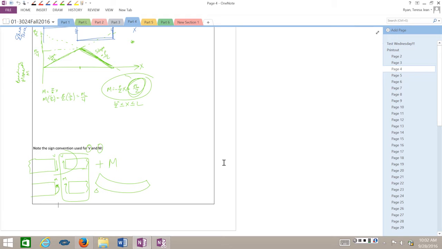How are these changing from one end of the beam to the other? Because it's not the same. Depending on where the supports are and where the loads are, those internal reactions are different. So having our sign convention, if we take our section cut and look at either cut face, the internal reactions have to be opposite, because when you put the structure back together, they have to cancel out to equilibrium.